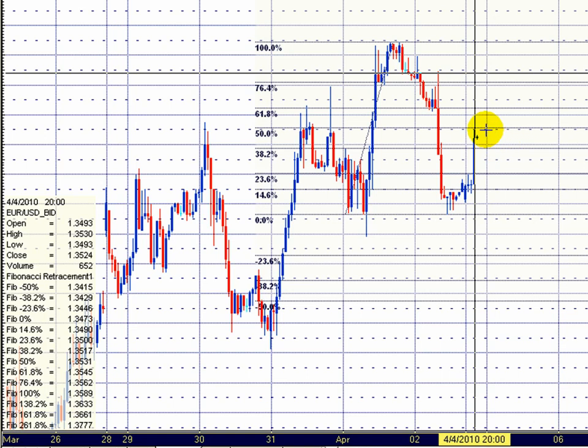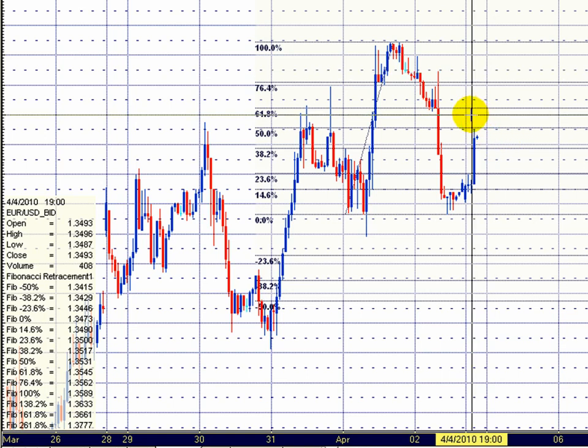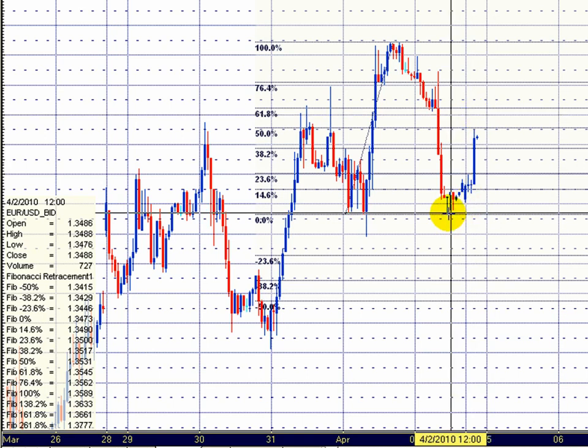So tentatively, initially, if I were to place a short trade, I will use 1.3540 as my stop. I would place my short at 1.3470, and I'll place the trade there, and I'll put it on the website for you to follow.